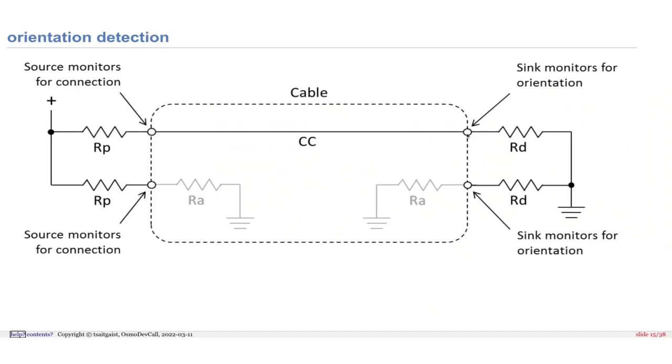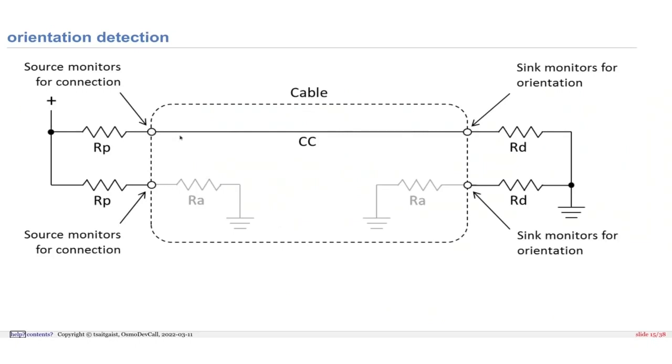When a device is connected to the CC line, the device will pull this signal low. The source monitors the two CC points, and it will find out that one of the CC points is getting low, meaning now someone is getting connected, but only one of them. Just ignore RA for now, I'll explain later what it is.